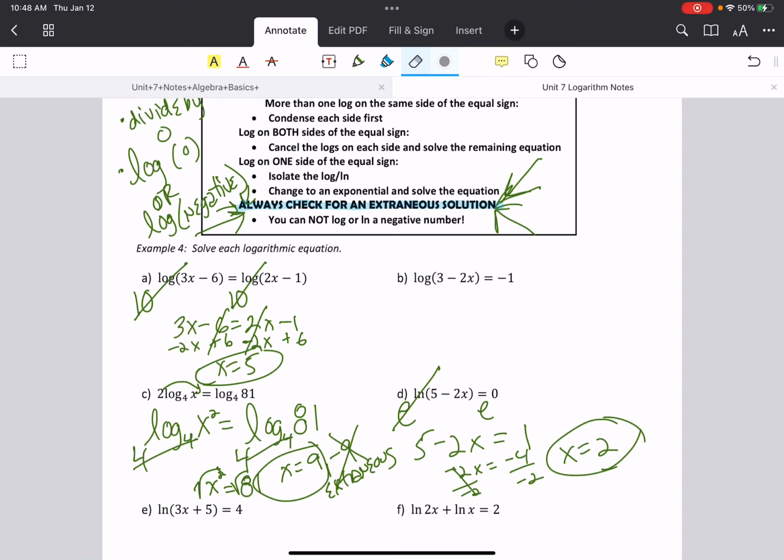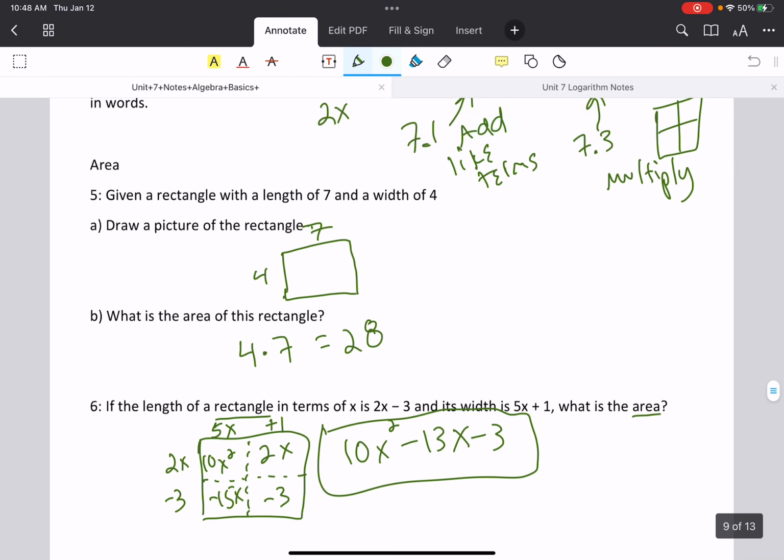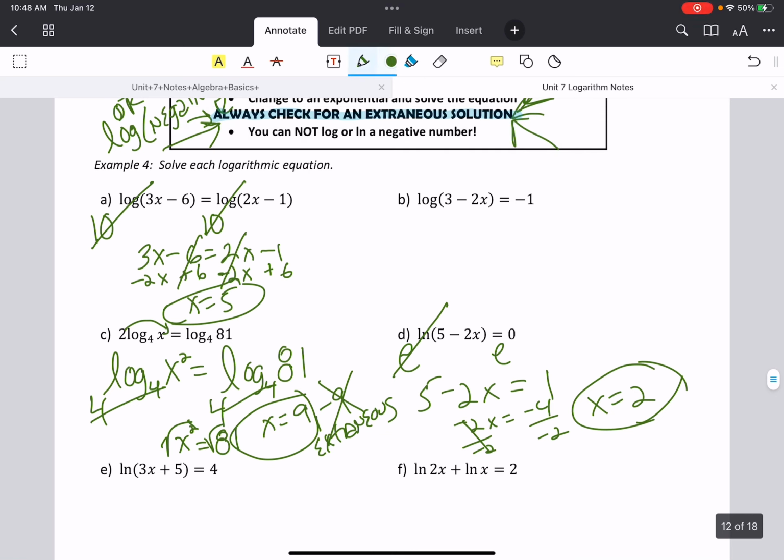All right, you ready for the negative exponent? You're going to have a mental breakdown? Want a tissue? Okay, let's go back to B. What is my log base? 10. So I raise 10 on both sides.